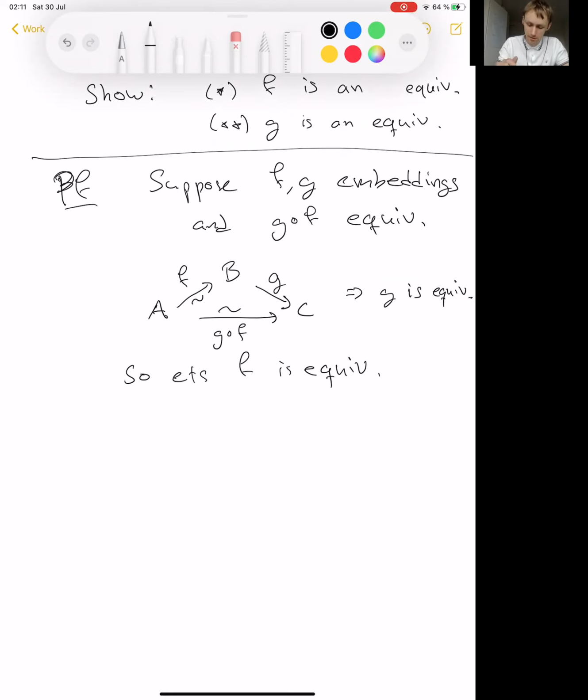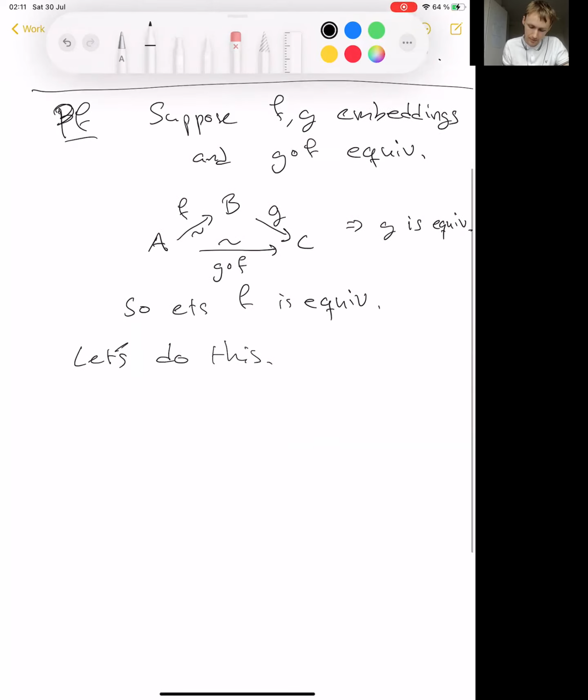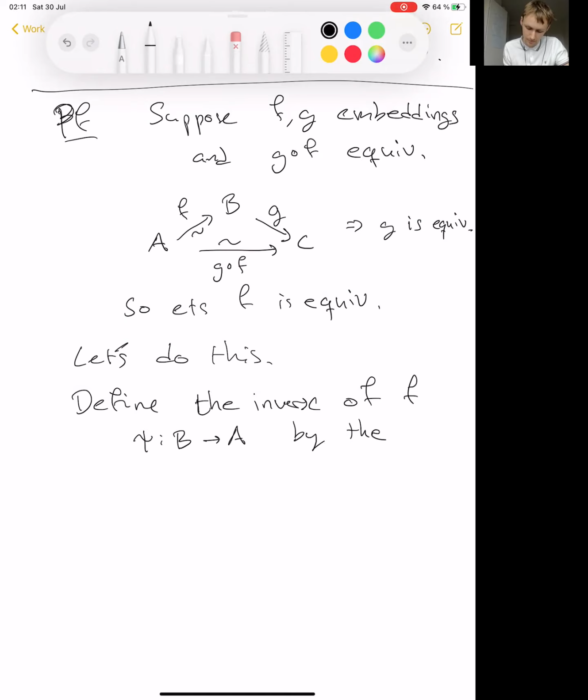So let's define its inverse. We define the inverse of f. Let's call it psi, going from B to A, by the composition.